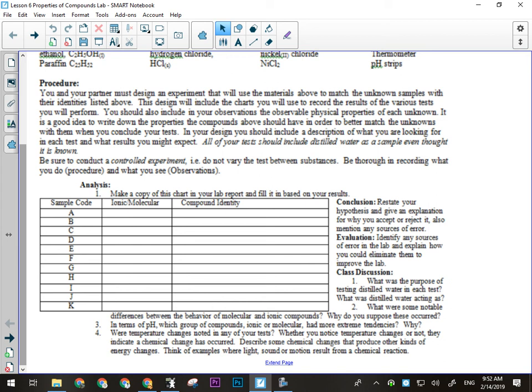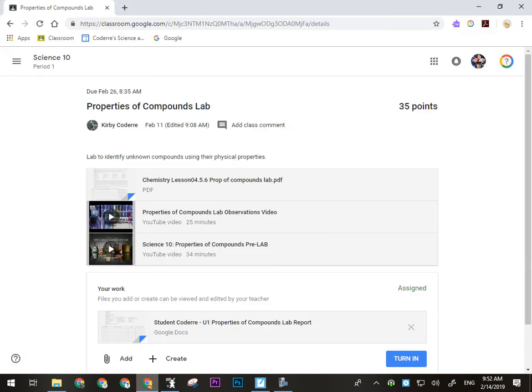So those are the expectations for the lab. When did I make it due? It is due on February 26th. That's after the break. It's Thursday now, and I can't ask for it tomorrow. I said I wouldn't do that, and I'm not going to ask for it while you're on break.